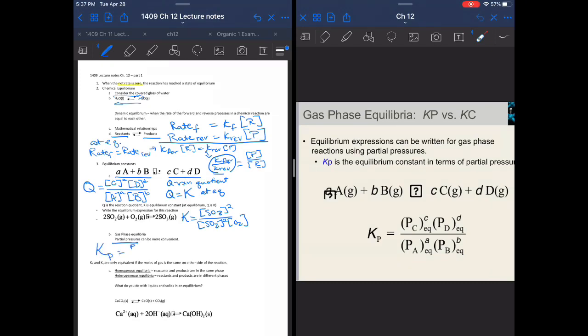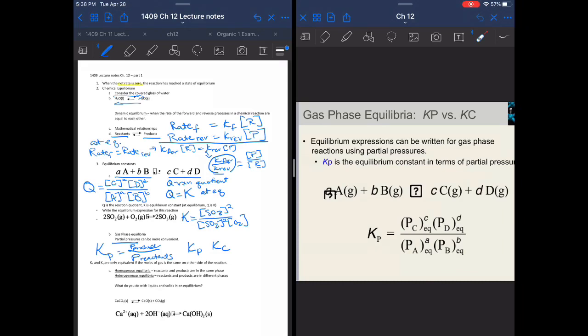So that'll be partial pressures of the products over the partial pressures of the reactants. And Kp and Kc are related, but they're not necessarily the same.